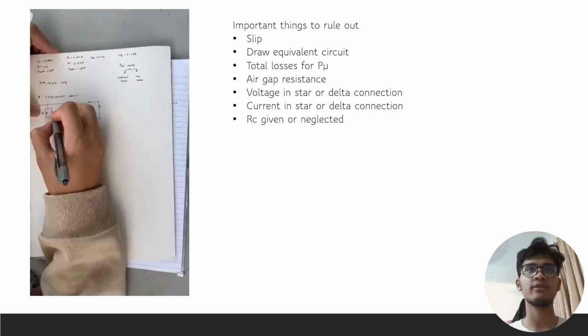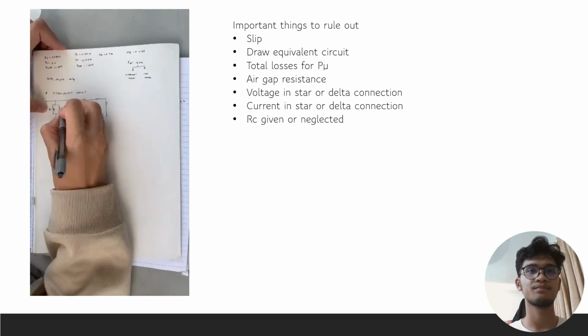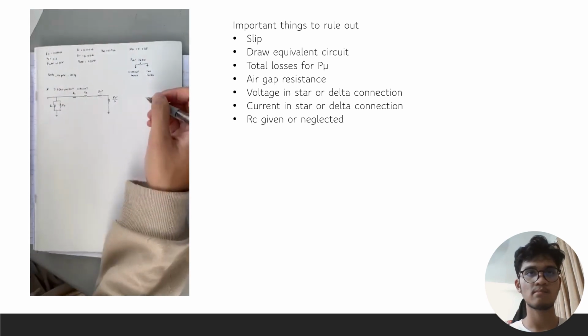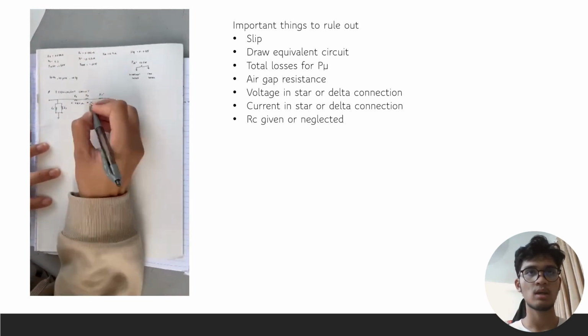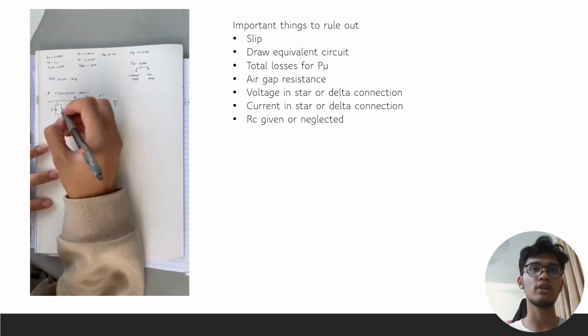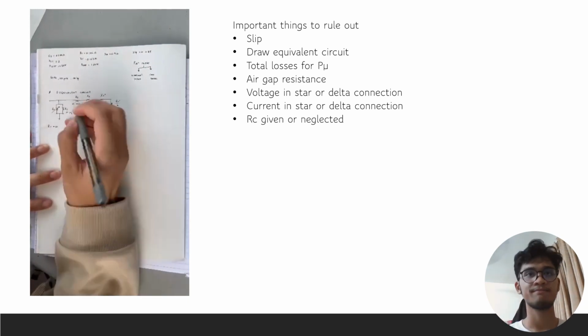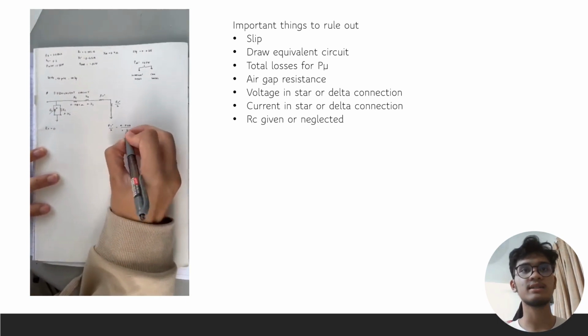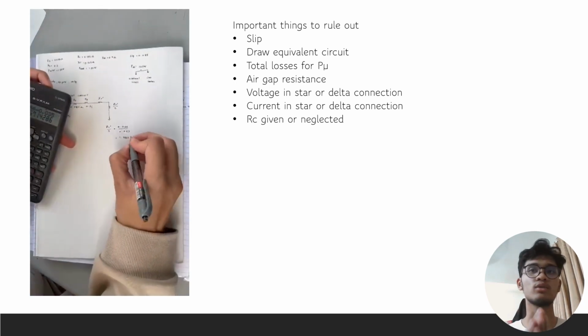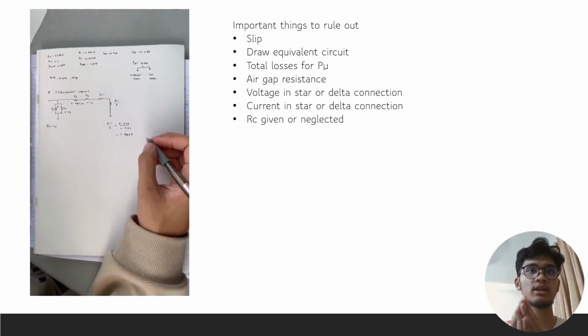So we can derive I equals V over R. After finding I2 and I node, we can find the value of I phase. In this case, which is star connection, I phase is equal to I line, so we don't need to change anything for the current.